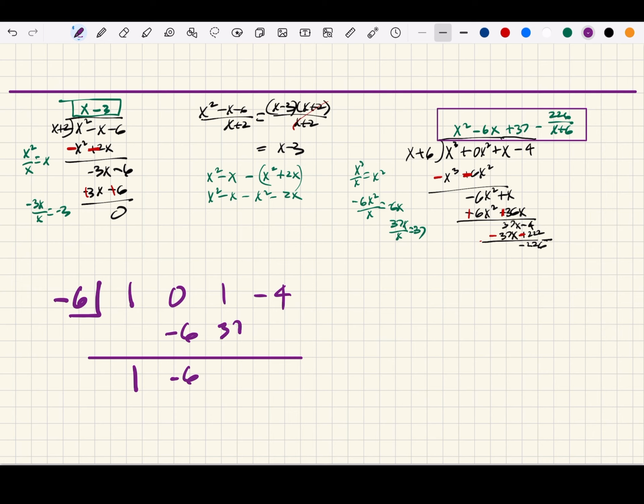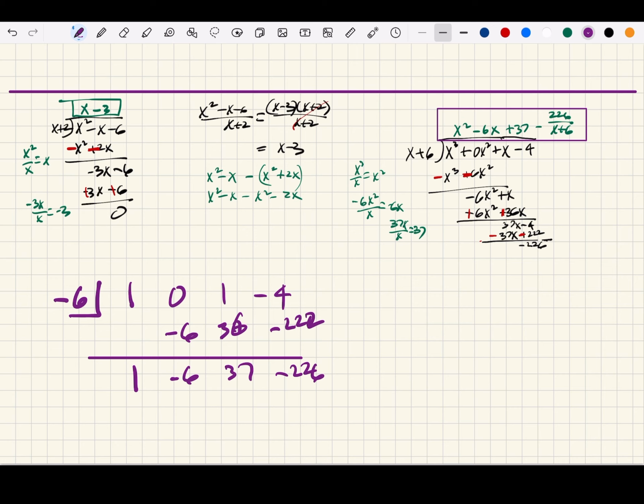These numbers are looking familiar. It's 36. Add, I get 37. Multiply, we figured that out a second ago. That was 222, right? That's minus 222. Add: minus 226. Okay, now what we see down here is that those numbers are the same as those coefficients on the long division.